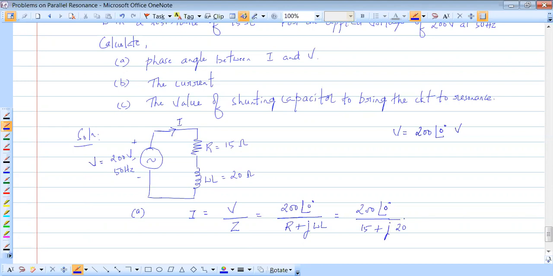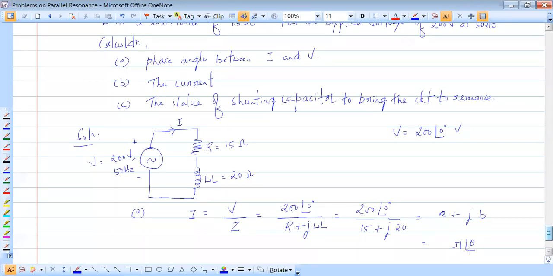So if you calculate this, you would first get this in A plus jB form, which is rectangular form. This needs to be converted into polar form.